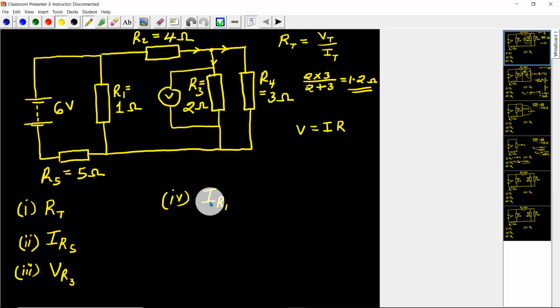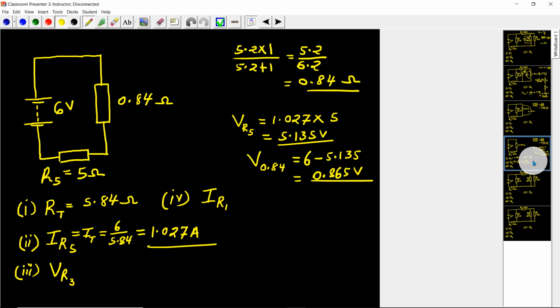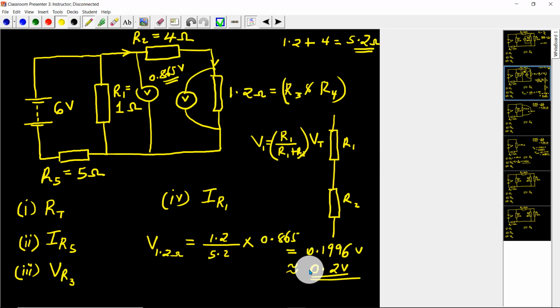So what I got here as the voltage across the 1.2 ohm resistor is equivalent to the voltage across R3 and is equal to the voltage across R4. So, to answer that question, VR3 is 0.2 volts.